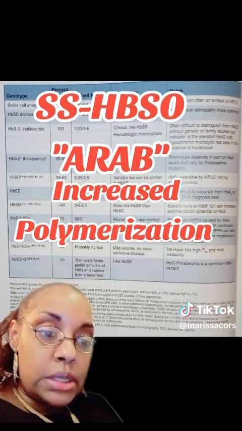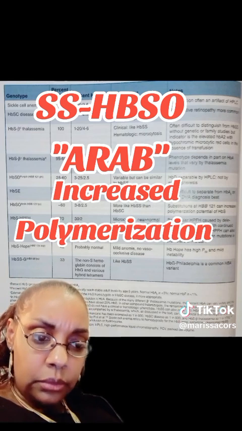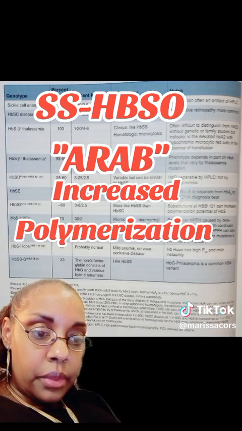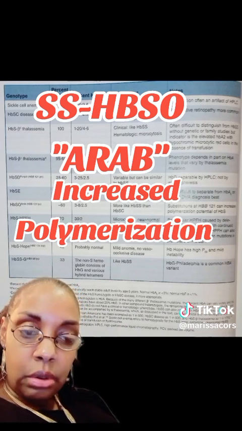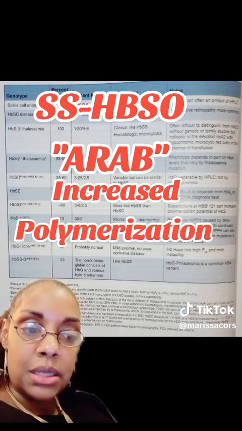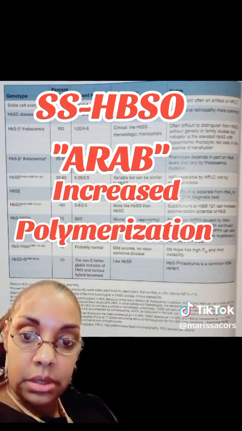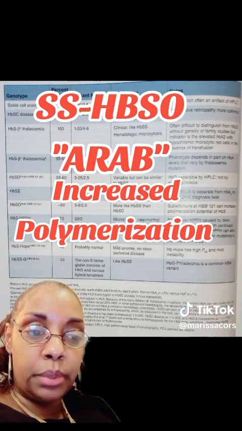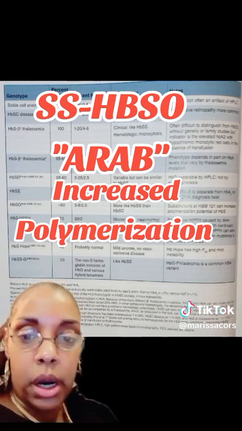So in this type of sickle cell, the polymerization of hemoglobin S is increased by substitutions at HBB 121.